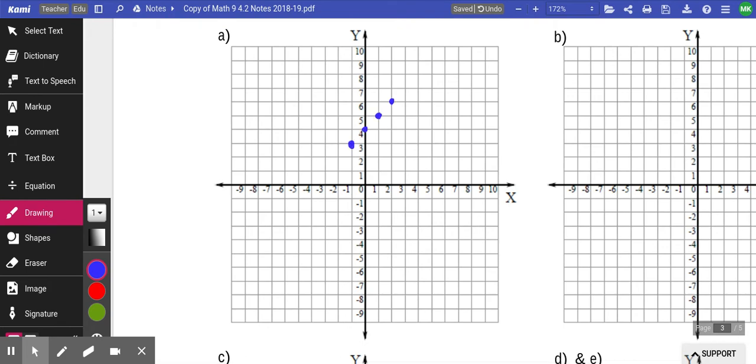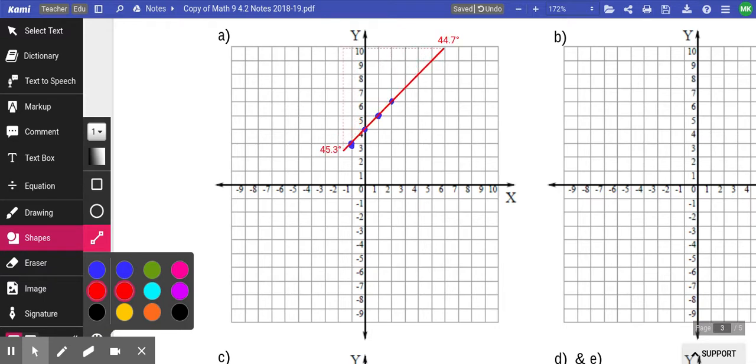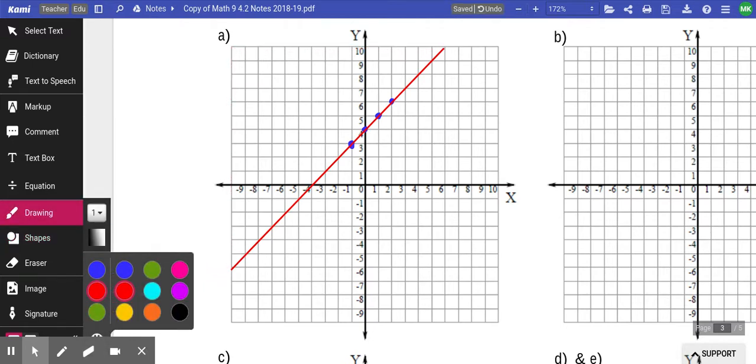Once you label those 4 points, you could create a nice straight line to connect them. And your straight line should look like this. And ideally, we put arrows on the end because those graphs or that line could go forever.